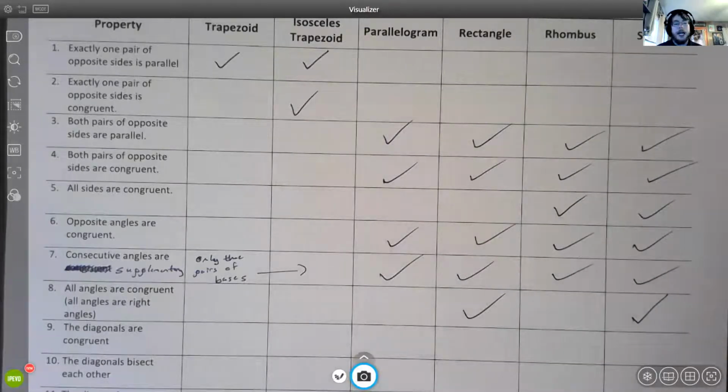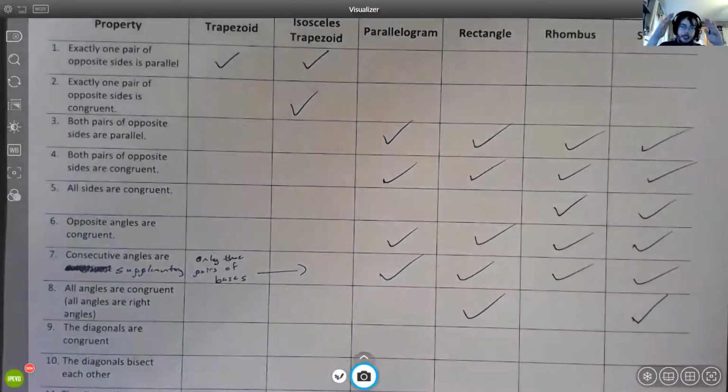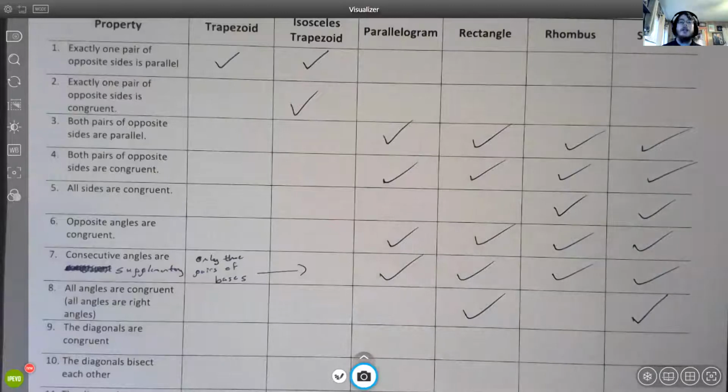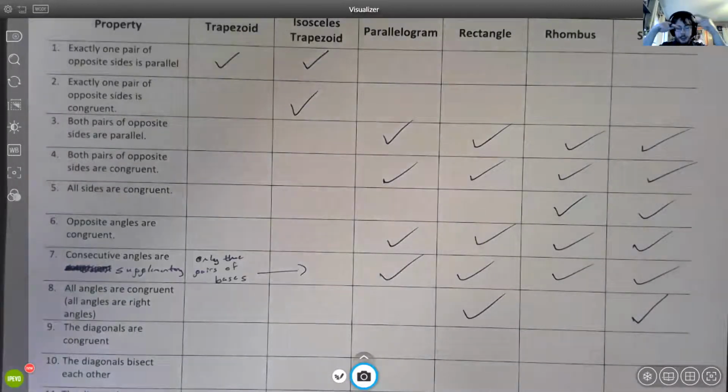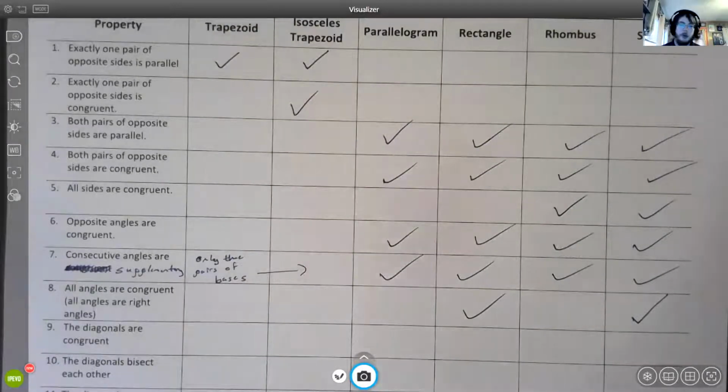Number 9, the diagonals are congruent. Now, the way that I try and remember this is for the congruent diagonals, if the shape has a tilt in it and doesn't have a structure to it, then the diagonals cannot be congruent. So if it's tilted, that means two of the angles end up being closer to one another than the other two angles.